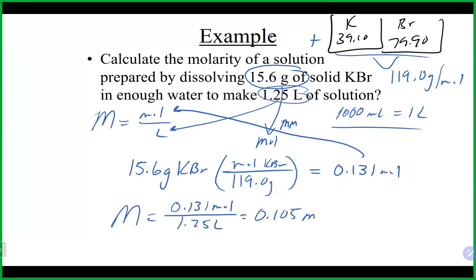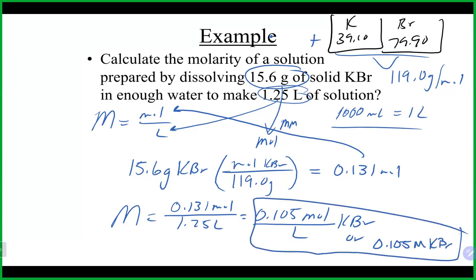Units do not cancel, so it'll be moles stays with the number per liter of KBr, or at this point, you can go back to the big M KBr if you like. Whichever way you want to kind of do that there at the end.